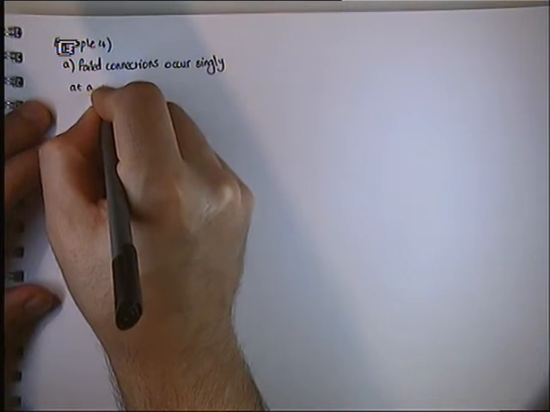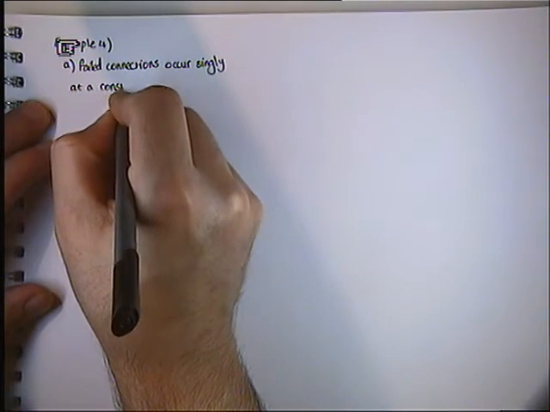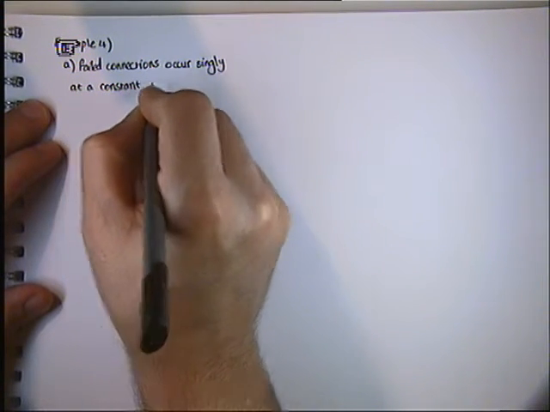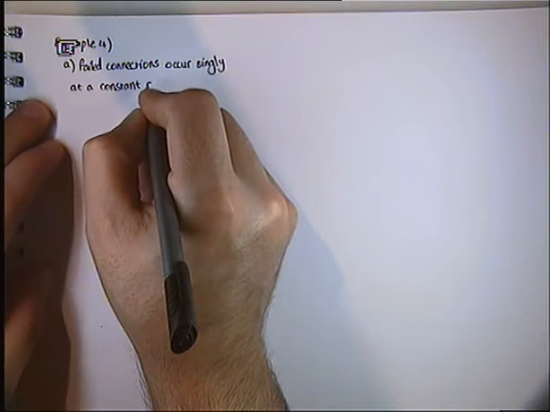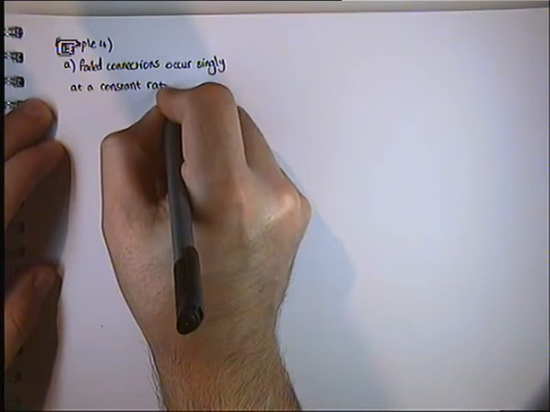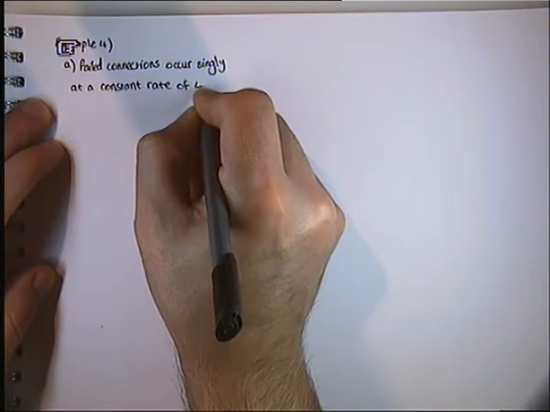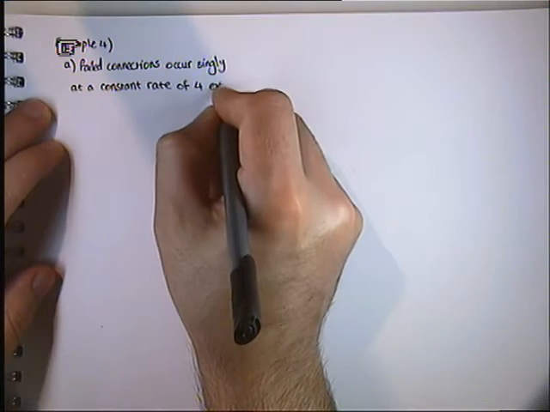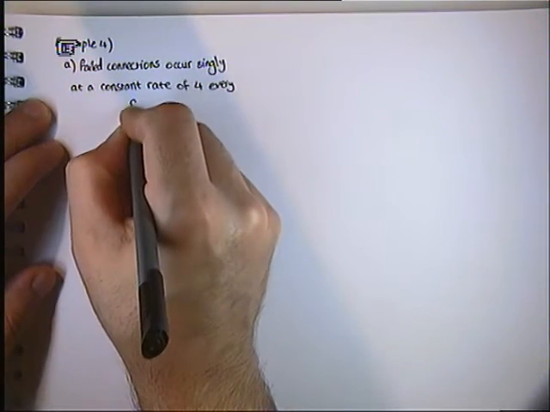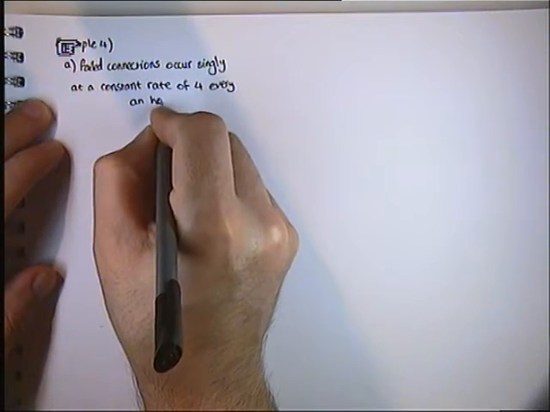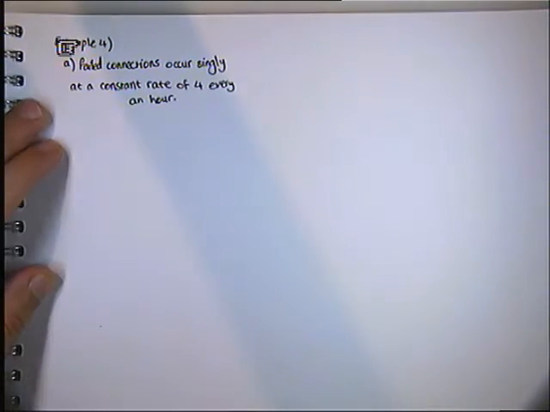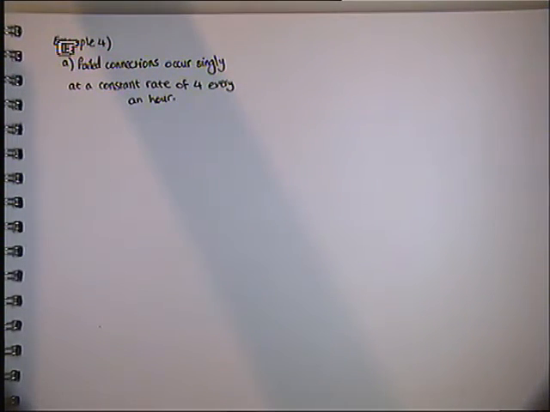at a constant rate of 4 for every an hour. So 2 reasons why this is a Poisson distribution.